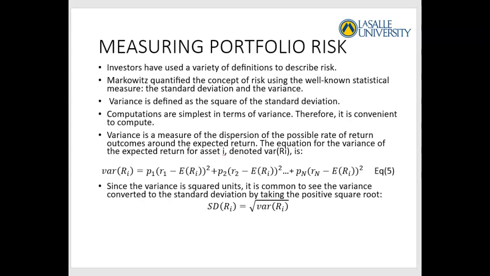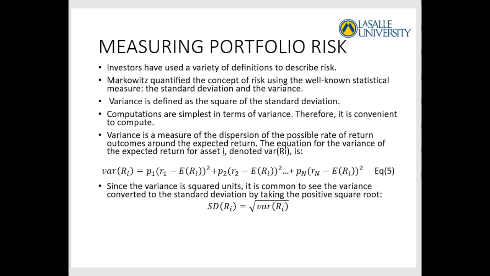They both measure the dispersion, or the spread, of the values around the average or the mean of that particular risky asset. So in the reference of portfolio theory, variance is a measure of the dispersion of possible rates of return outcomes around the expected return.